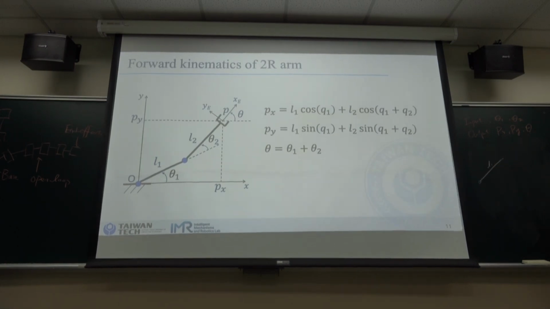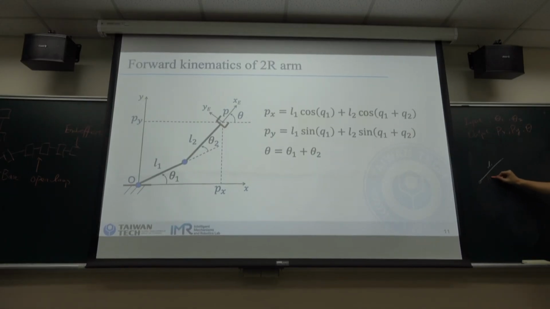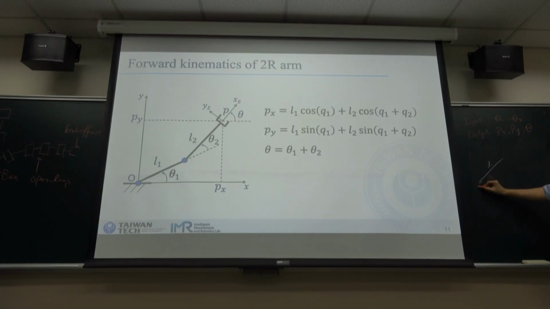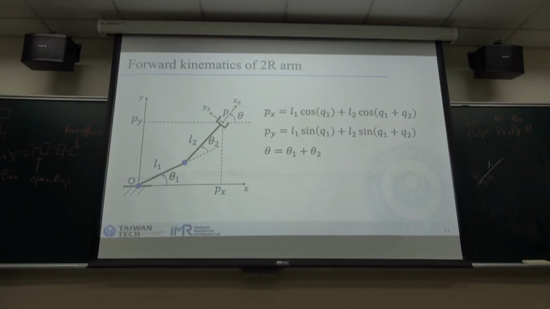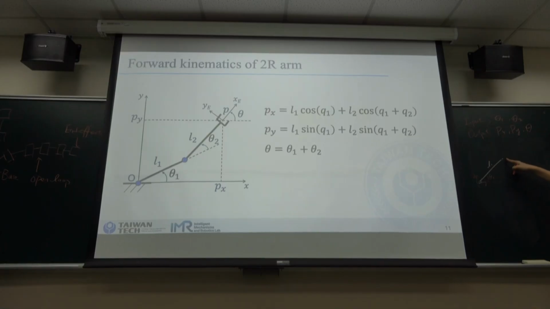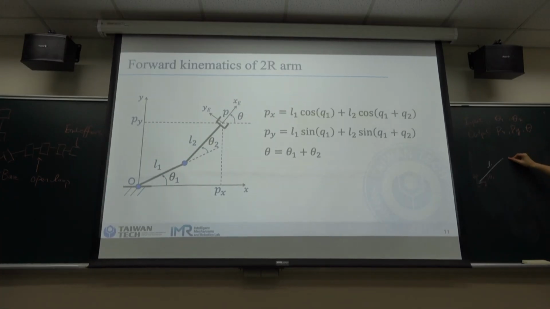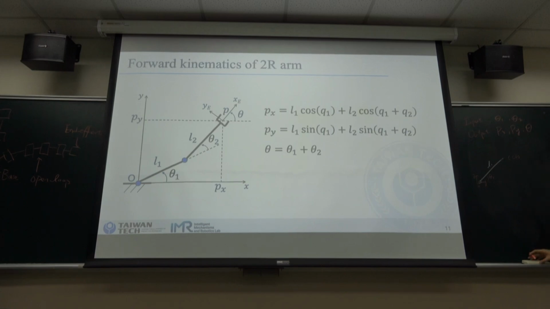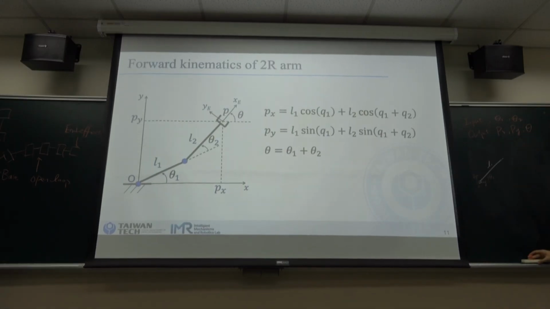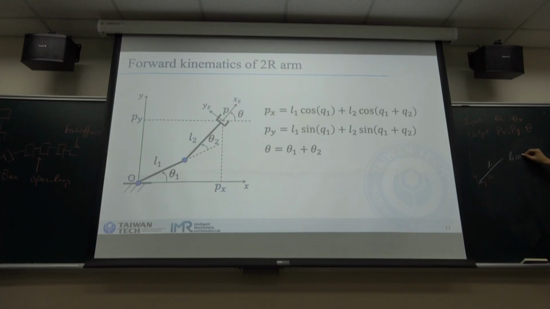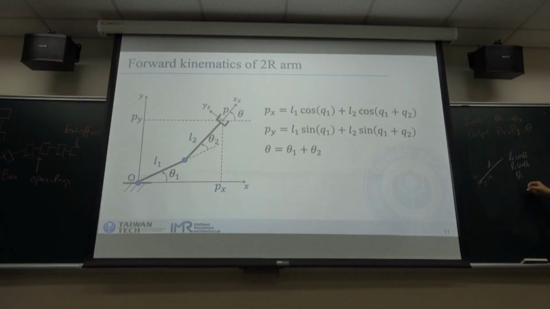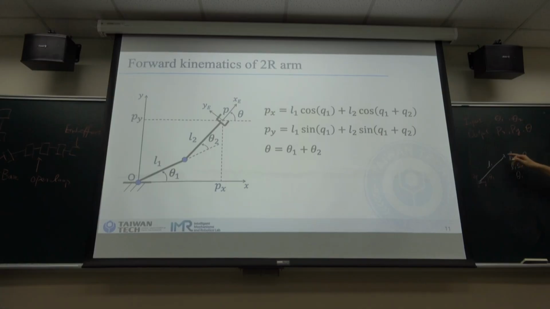If this is link 1, and here is theta 1, what is the position of this point? It's L1 times cosine theta 1, and L1 times sine theta 1, and the orientation is in this direction.